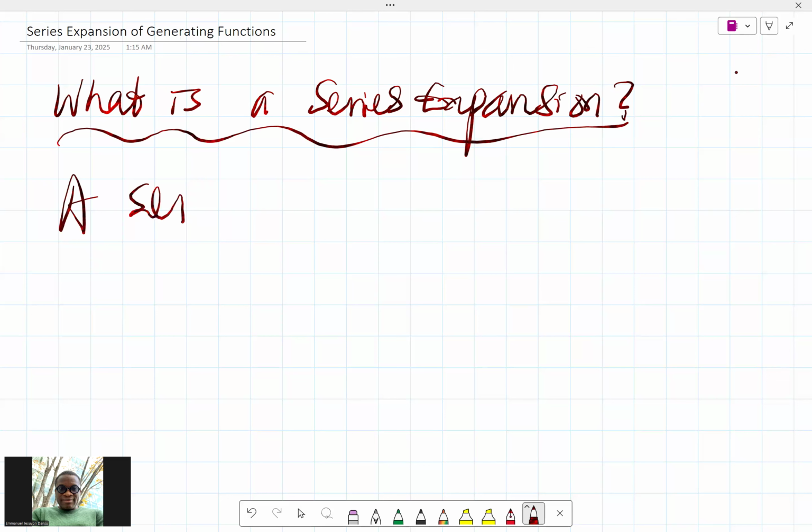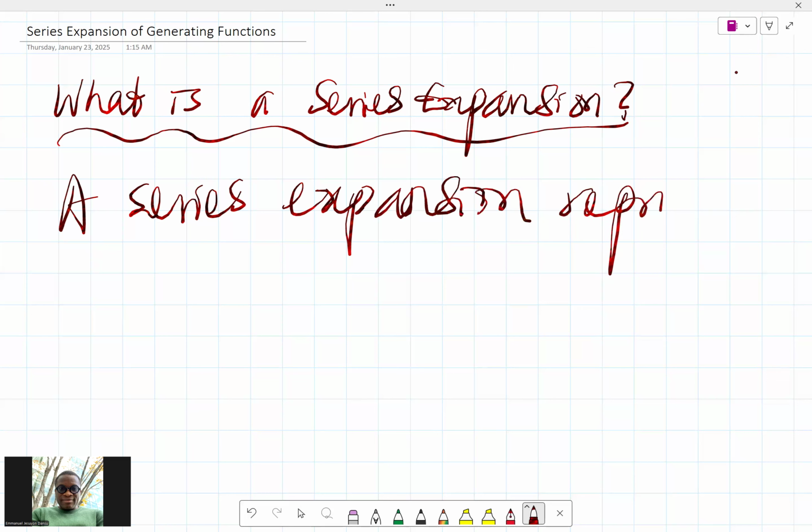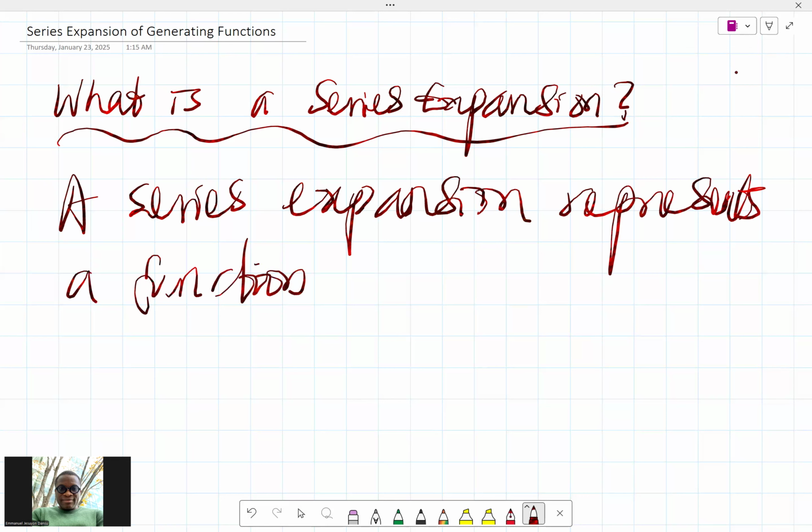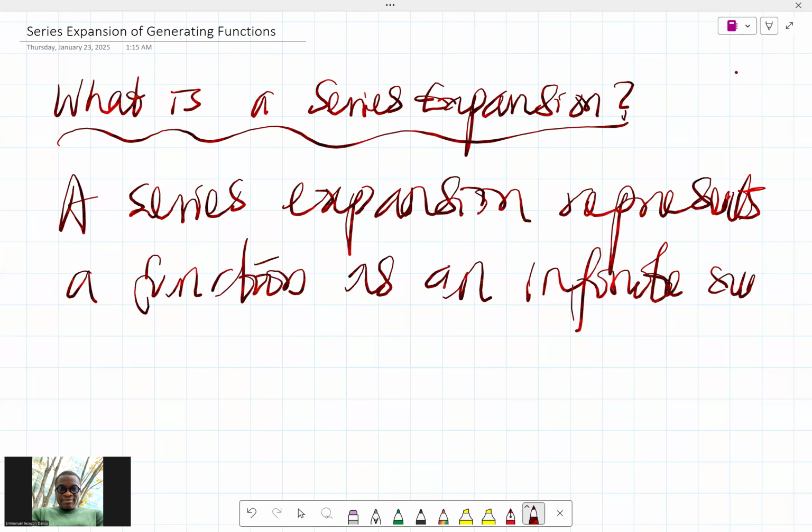So a series expansion represents a function as an infinite sum of terms.